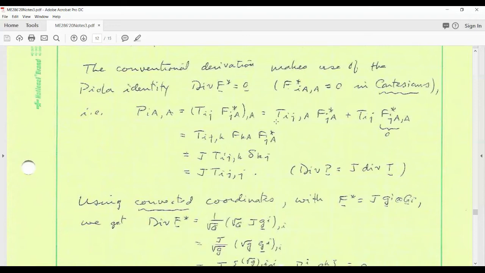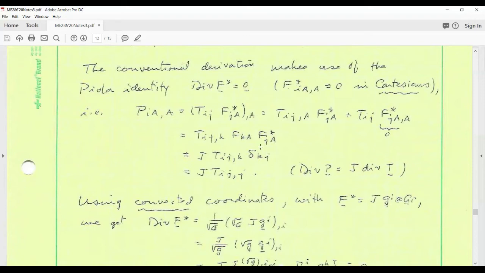Oh, by the way, so I can convert from a comma A to a comma K by using the deformation gradient, right? Because in Cartesians, F sub KA would be partial xk with respect to capital XA, sum on K. I just get this by the chain rule, this first term here, with the cofactor left over. This now, F_kA F star JA is J times the identity.